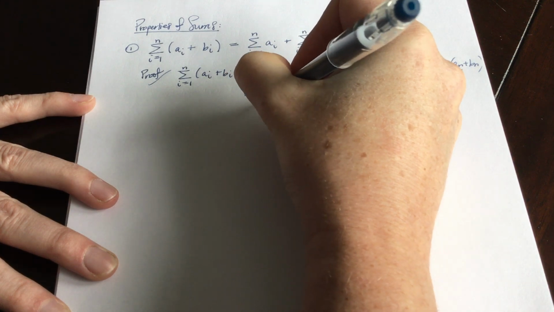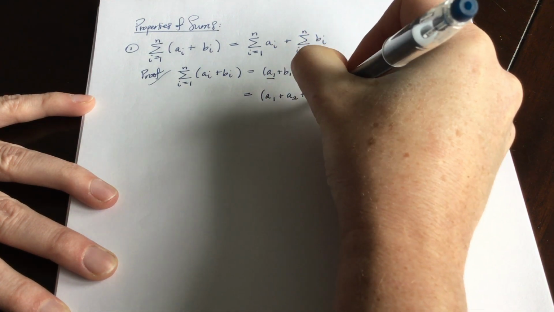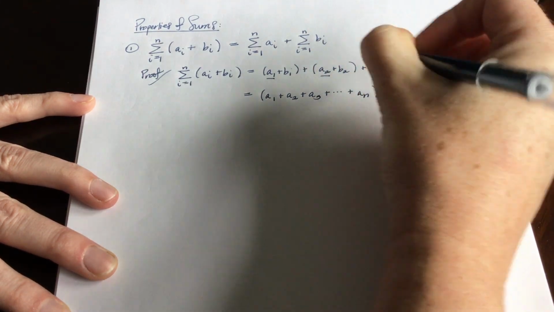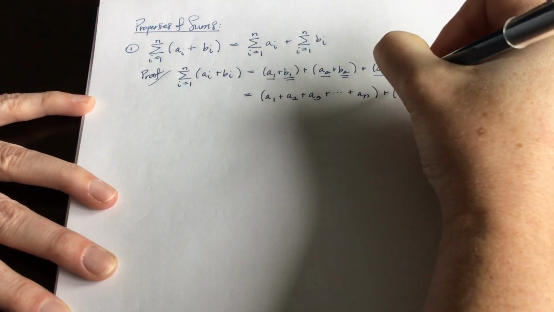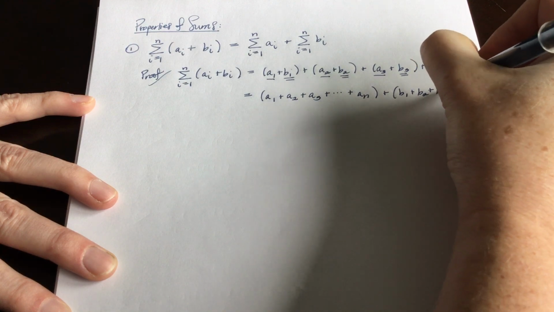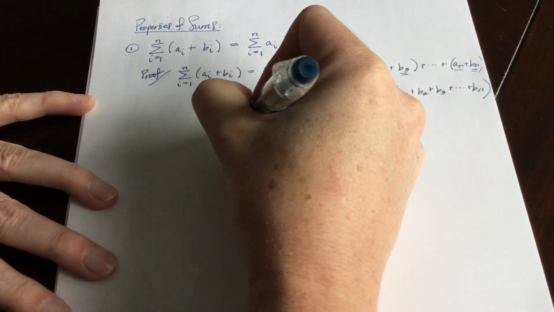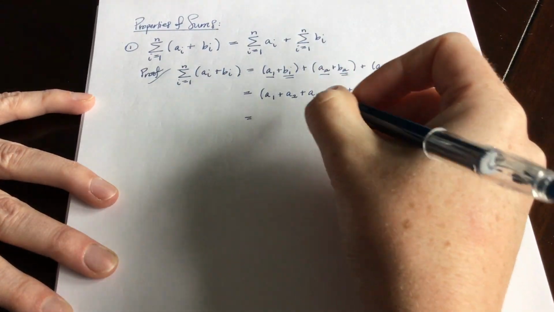So a sub 1 plus a sub 2 plus a sub 3, and then etc. until you stop at a sub n. And then I would choose to put the b terms all together. Like so. I think of this as putting Humpty Dumpty back together again.